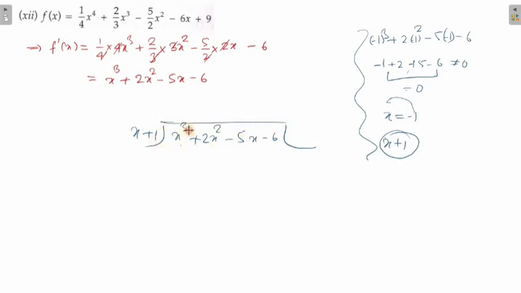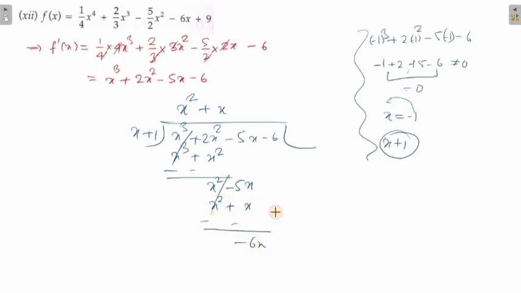Here you have x cube, so x square into this is x cube plus x square, subtract, so you get 2x square minus x square is x square, minus 5x. I'm assuming that you know this, so I'm doing it very quickly. So plus x, so you get x square plus x. Subtract, you get minus 6x, so bring this minus out here, so you get minus 6x minus 6.